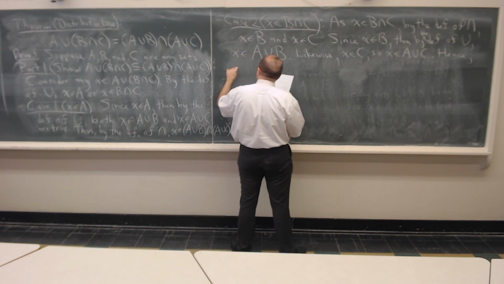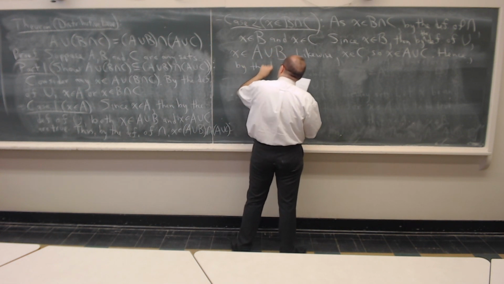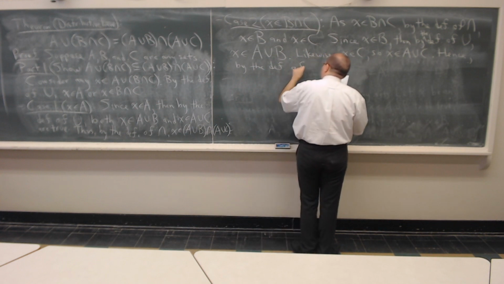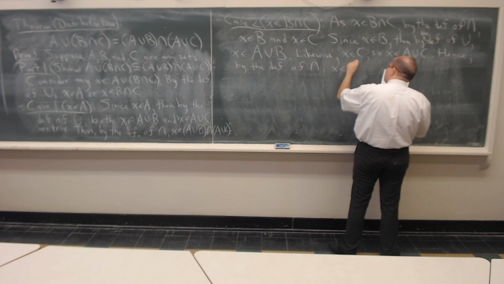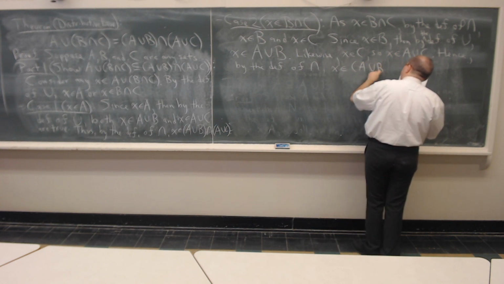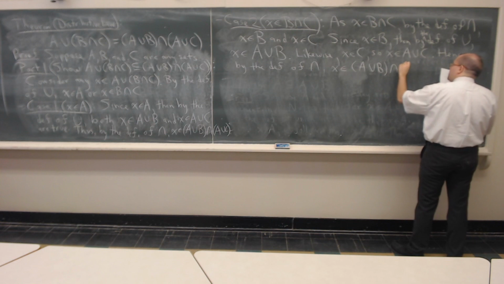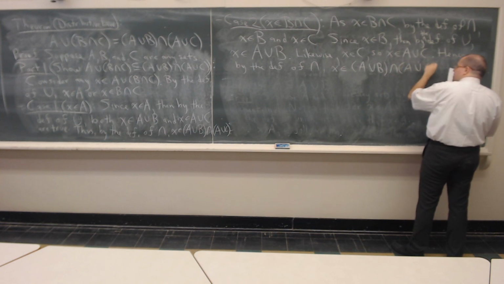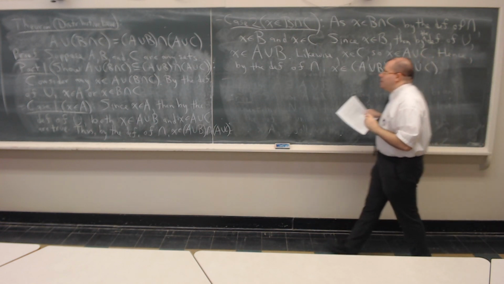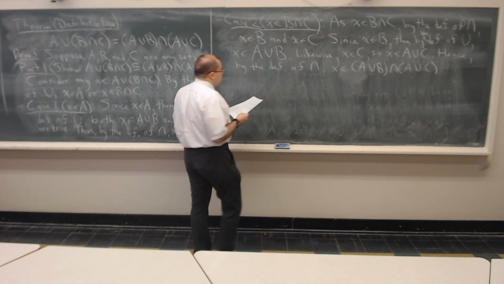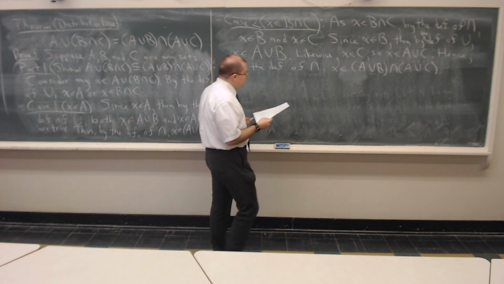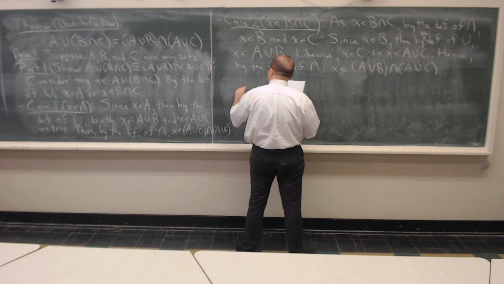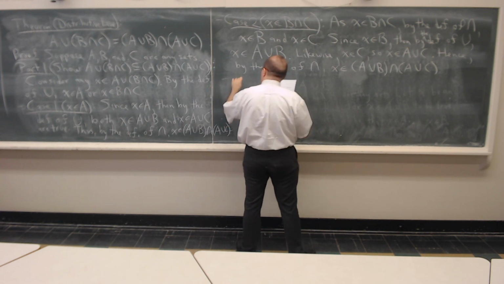Hence, by the definition of intersection, x is in A union B intersect A union C. And we're done. Now, if I want to be a real stickler, I technically have two cases here, and I have a part. So I need to give a little conclusion for this part.